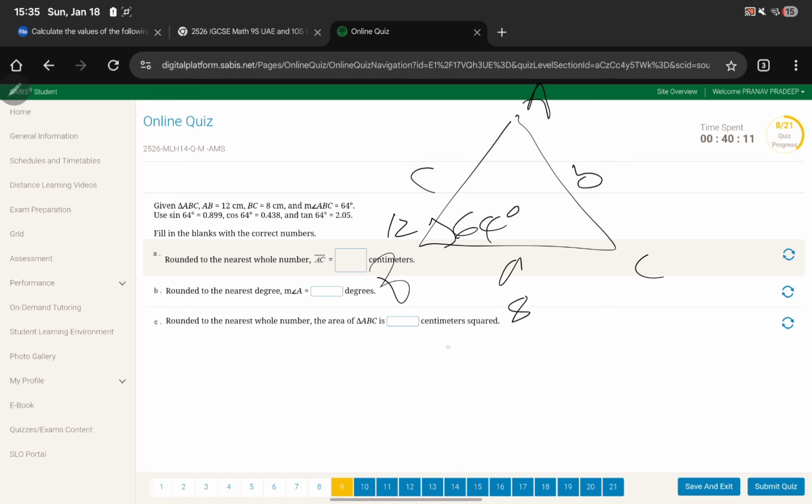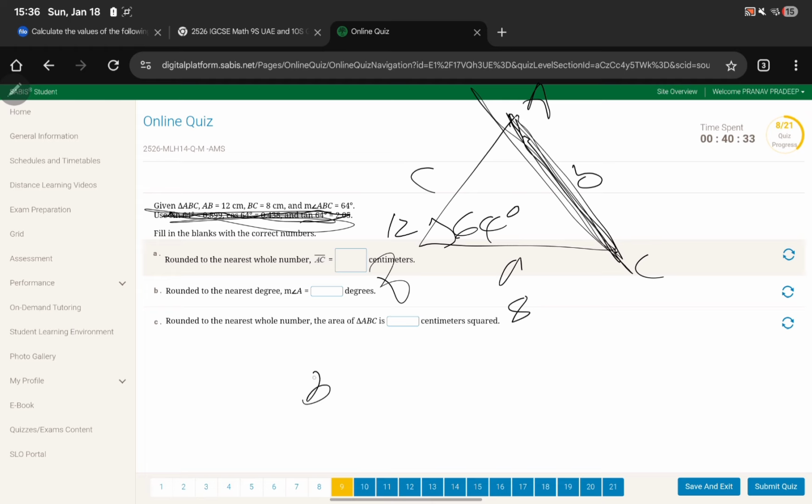Now in this question you have to use the cosine rule, okay? I'm just gonna ignore these values for now because I'm not using them. Round it to the nearest whole number, AC. They're asking for AC, yeah?